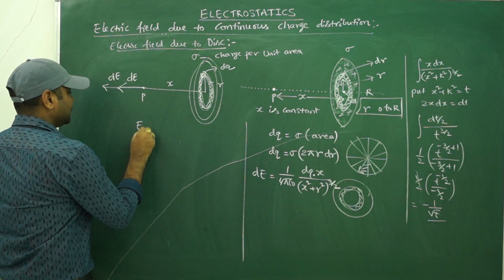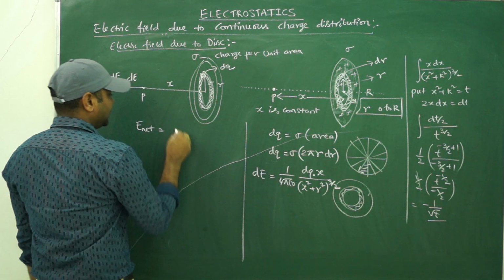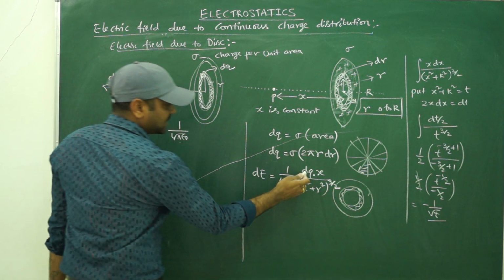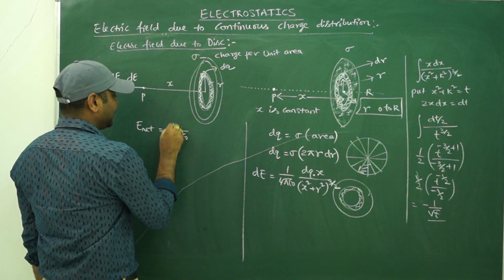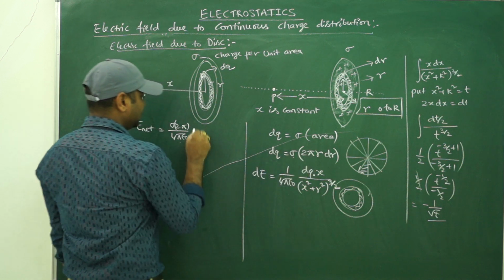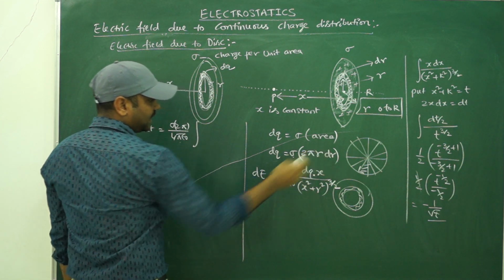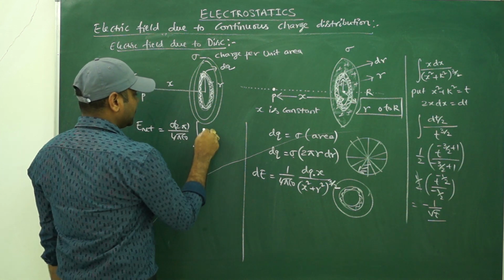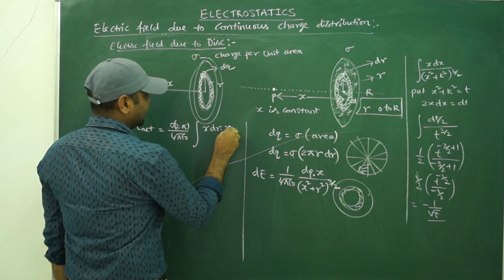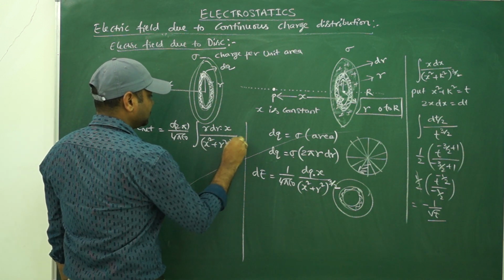So I can write down the net electric field due to the disk is equal to, I can take out 1 by 4 pi epsilon naught. In the place of dq I can write down sigma into 2 pi r dr. Sigma and 2 pi are constant, take them out. Then I will get integral of r dr into x by x square plus r square raised to 3 by 2.